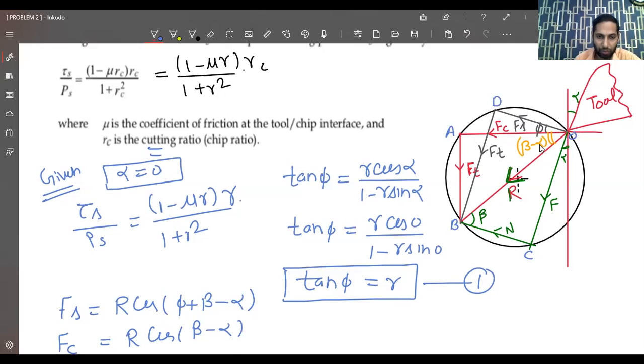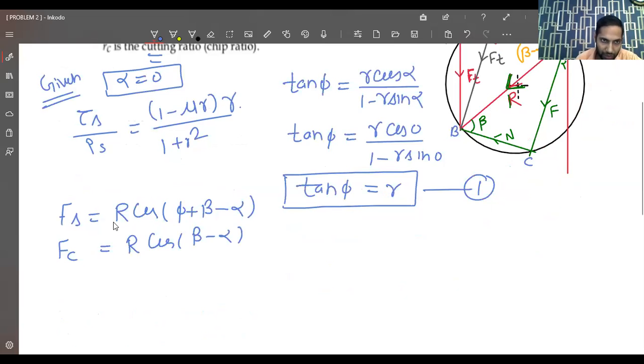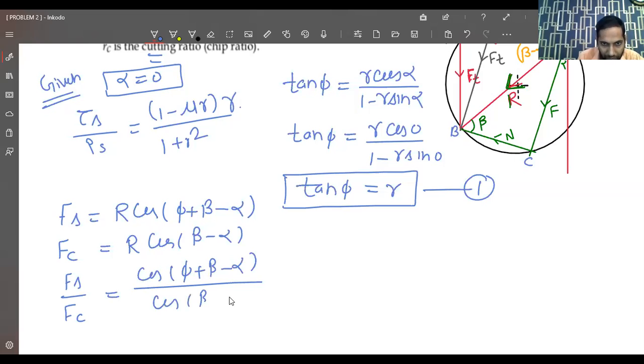Okay, now what we have to do, now replace the value of r. So put the value of r in this equation. So I can write here Fs by Fc is equal to, and you can divide also, cos (phi plus beta minus alpha) over cos (beta minus alpha).